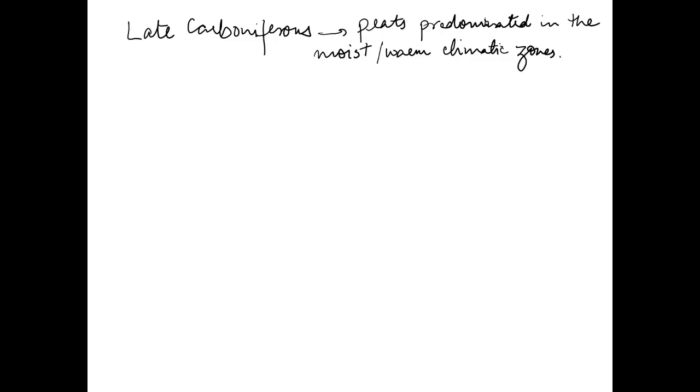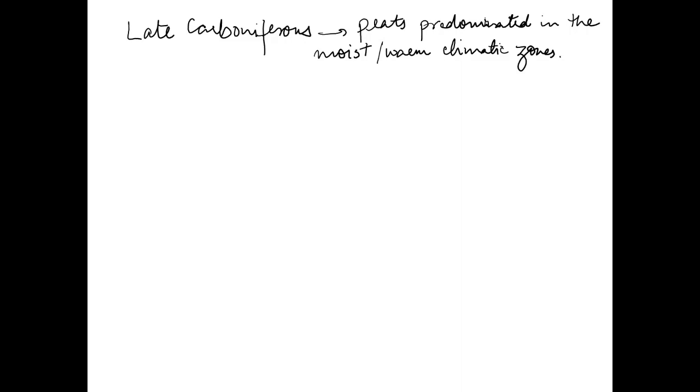All right. But in the southern hemisphere and in Siberia, where there were temperate types of climates, there also we find some rare examples of rich coal deposits.